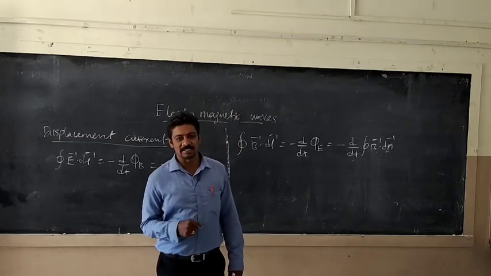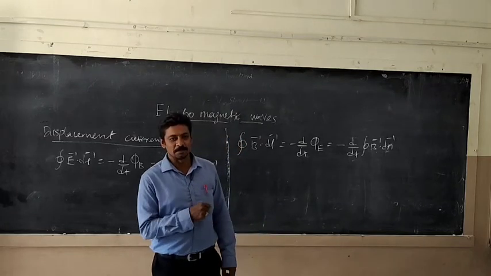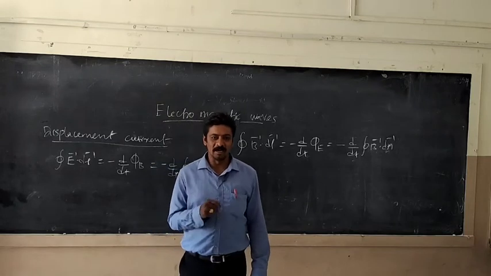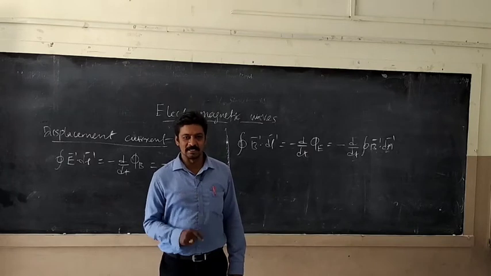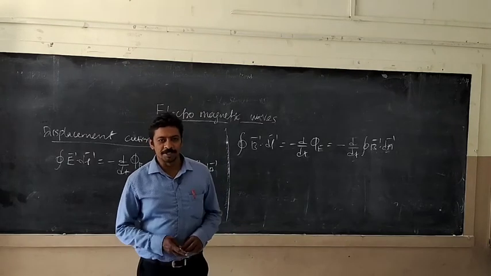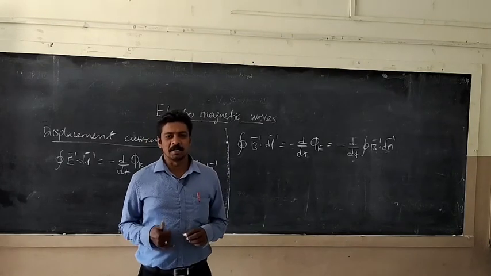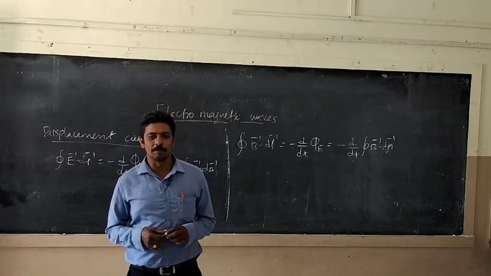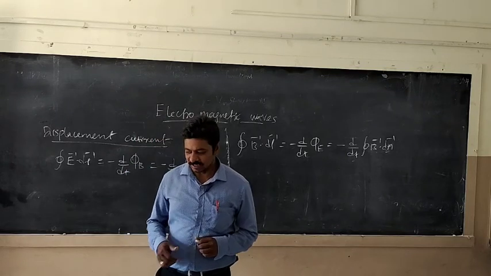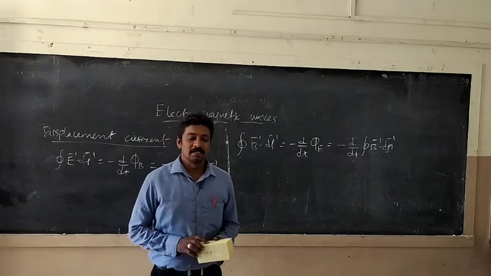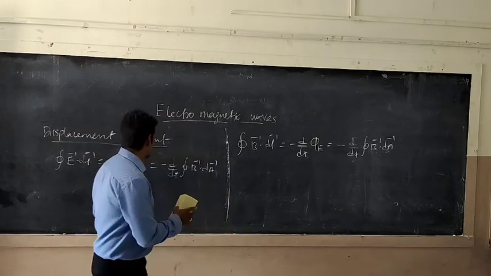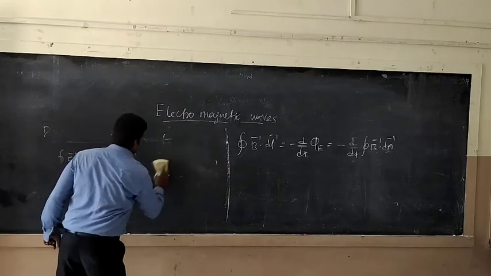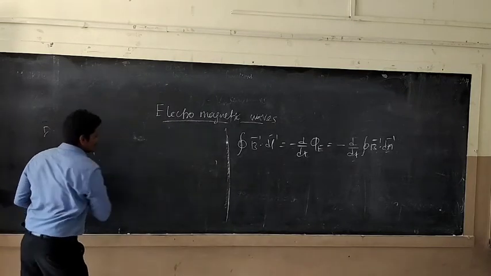How can we understand this? We can understand this concept with the help of a practical example, for which we take a parallel plate capacitor. Now we are going to see how a changing, that means time varying, electric field produces a magnetic field. See the parallel plate capacitor having two plates.